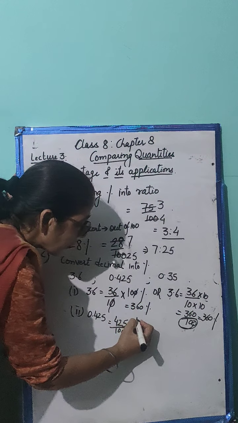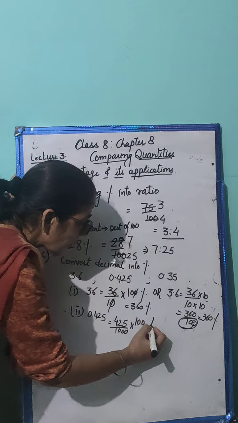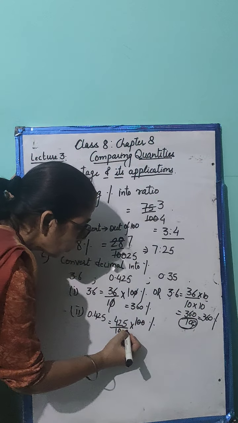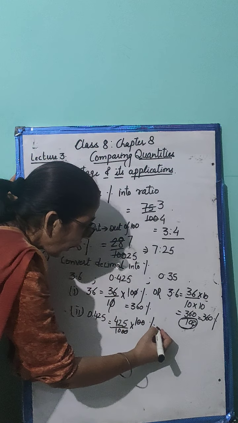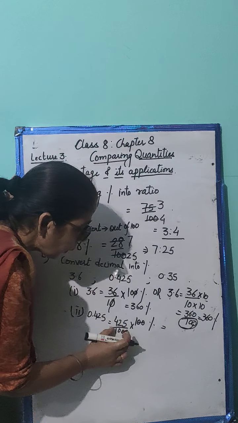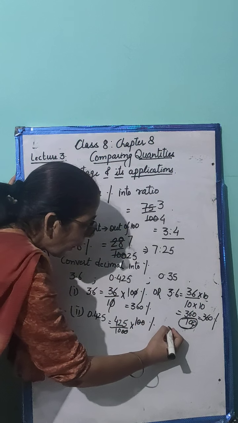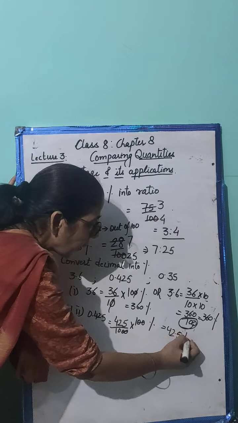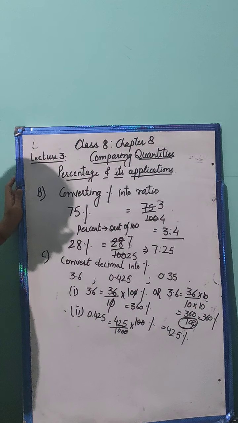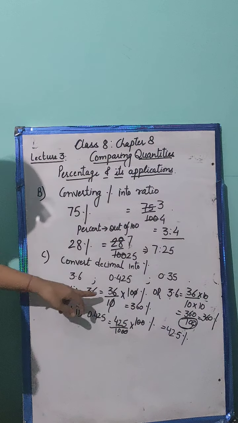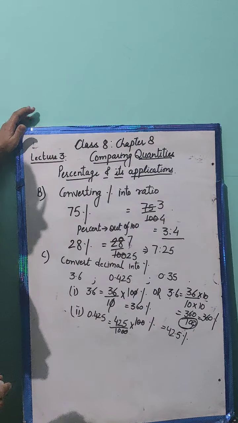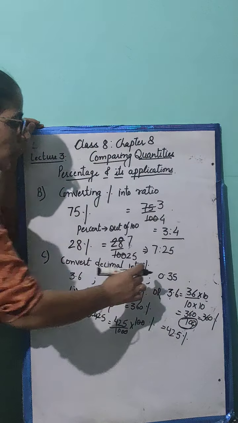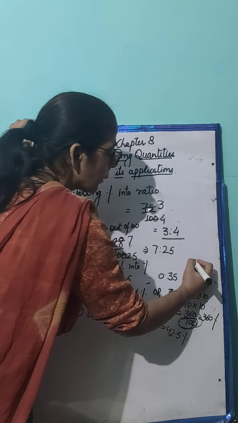That means multiply with 100 and put the sign of percent. 2 zeros cancel, and because now it is 425 upon 10, I can write it as 42.5%. Is that clear? Now can you tell 0.35, and I have to change it into percent?